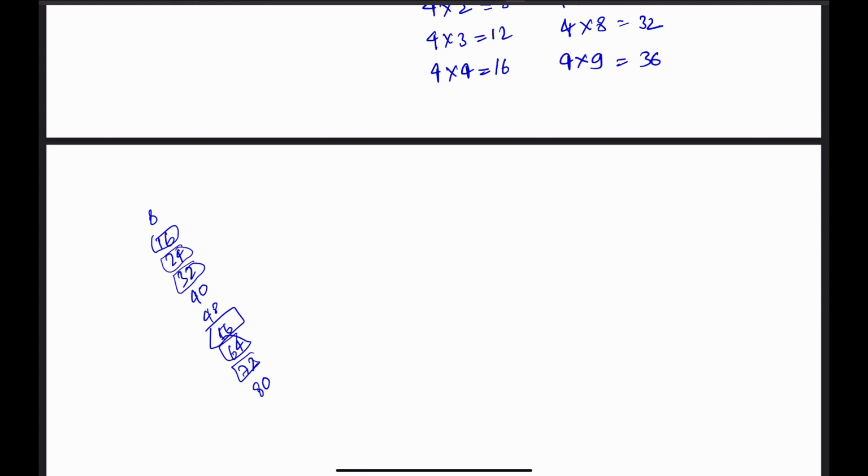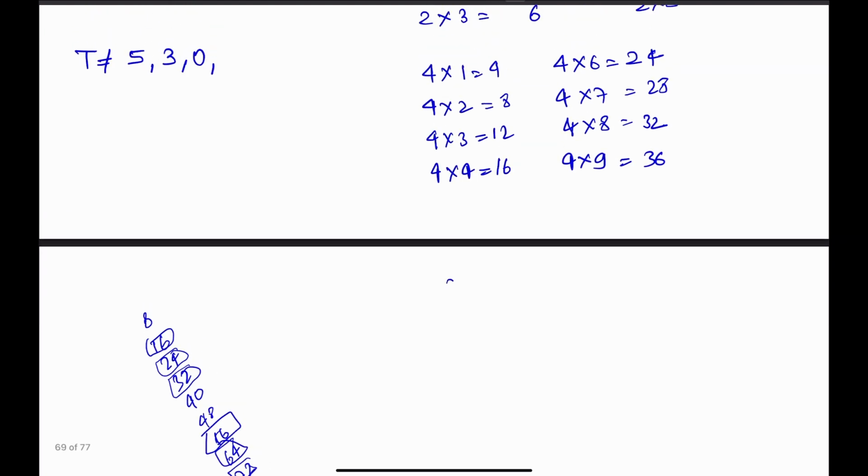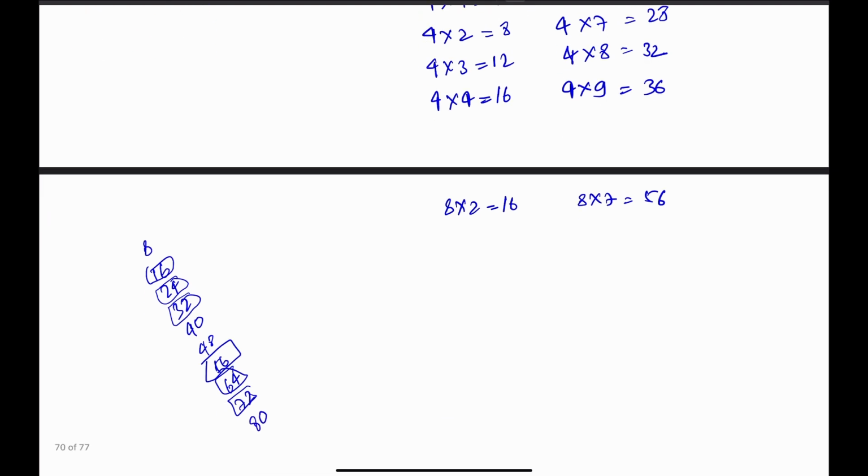So what I can say, 8 into 2 is 16, then 8 into 7, 56. Next coming 8 into 3, 24, then 8 into 8 is 64, 8 into 4 is 32, 8 into 9 is 72.